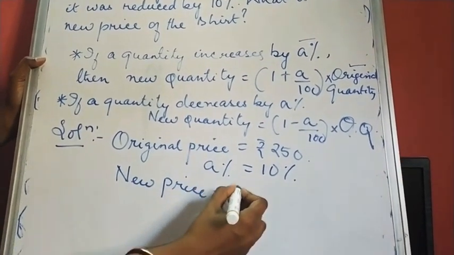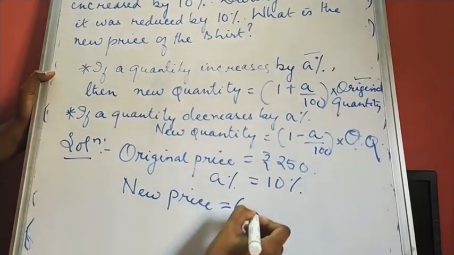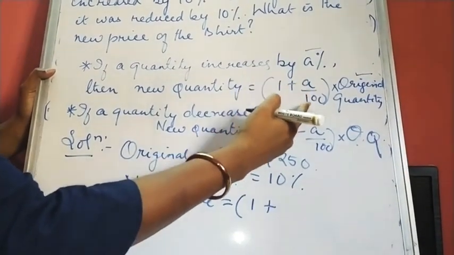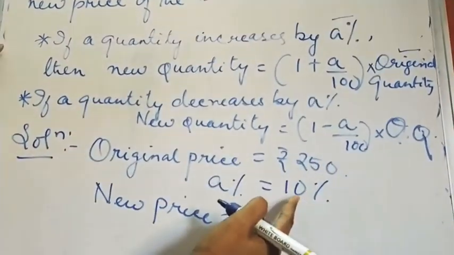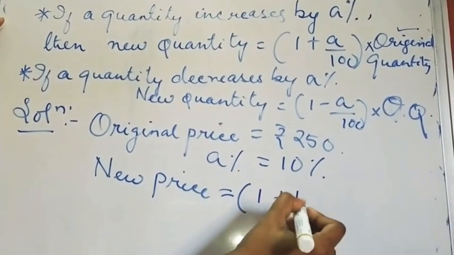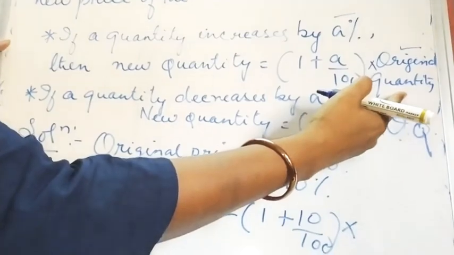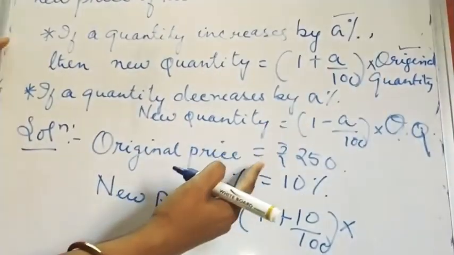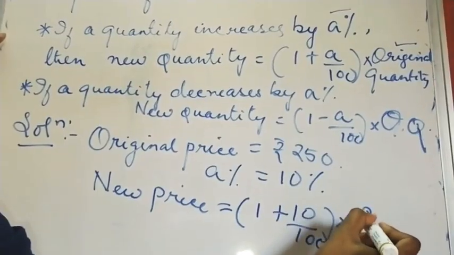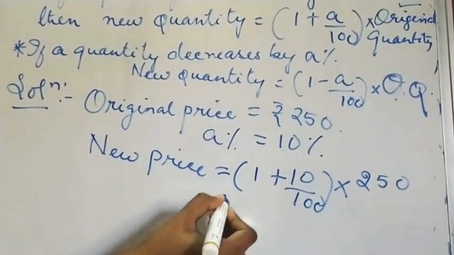So the new price would be 1 plus A by 100. Here we have 10%, that means 10 by 100, into the original price, which is 250.